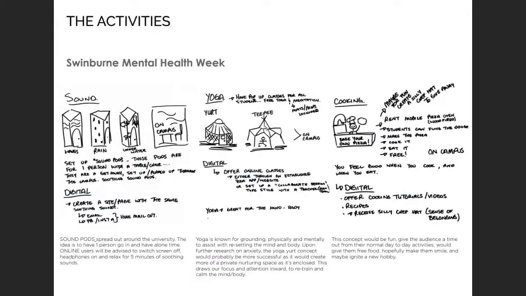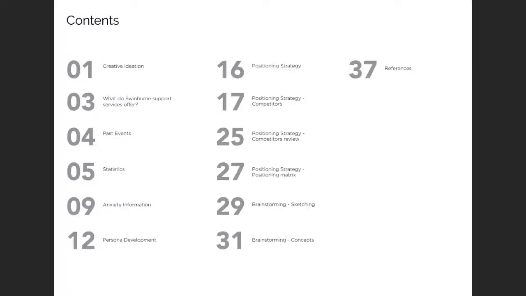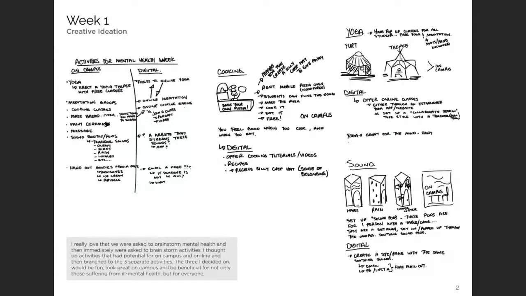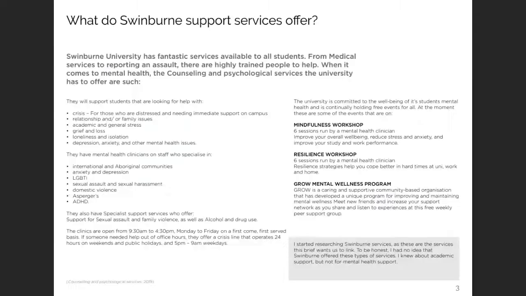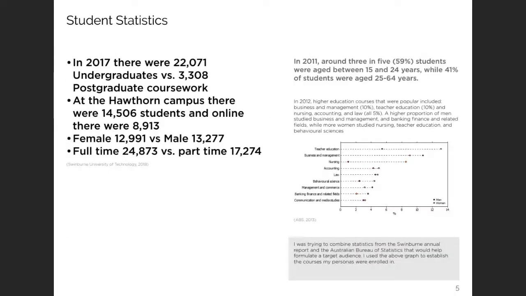So let's have a look at her 1A assignment. So here she's started off with her mind maps, and she's thinking all the different ways that she can, just lots of different ideas, and her research into what they offer, the past events, lots of student statistics.